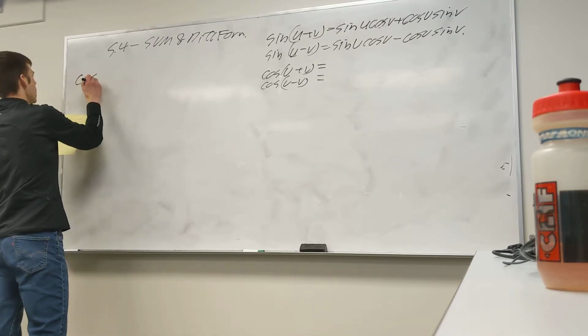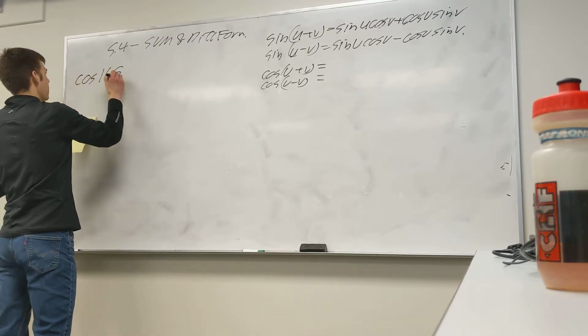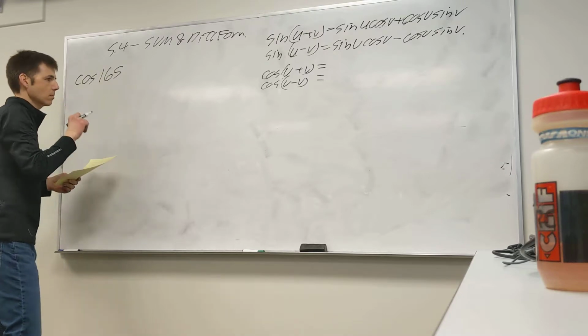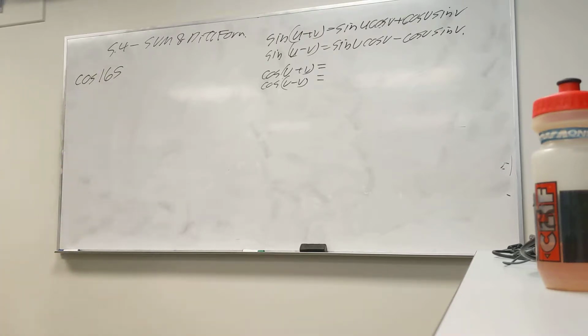So how do we use it? Well, what's the cosine of 165? No calculators. Is there something you can rewrite it in that you do know? Remember we have memorized the basic trig functions of 0, 30, 60, 45, 90, right?